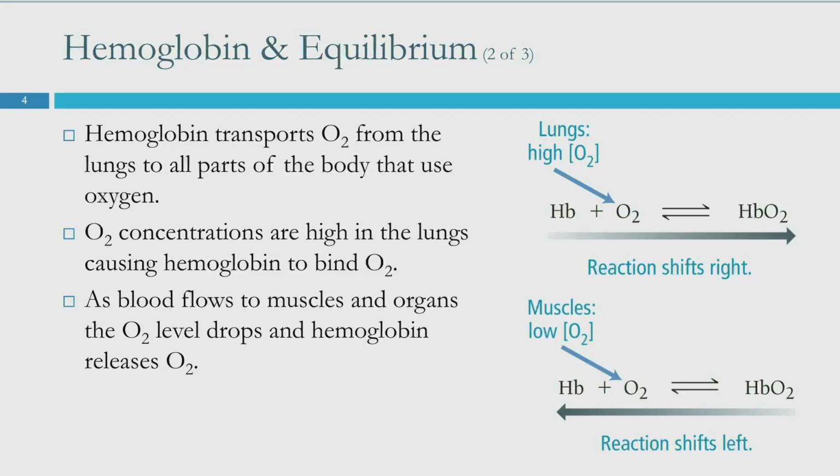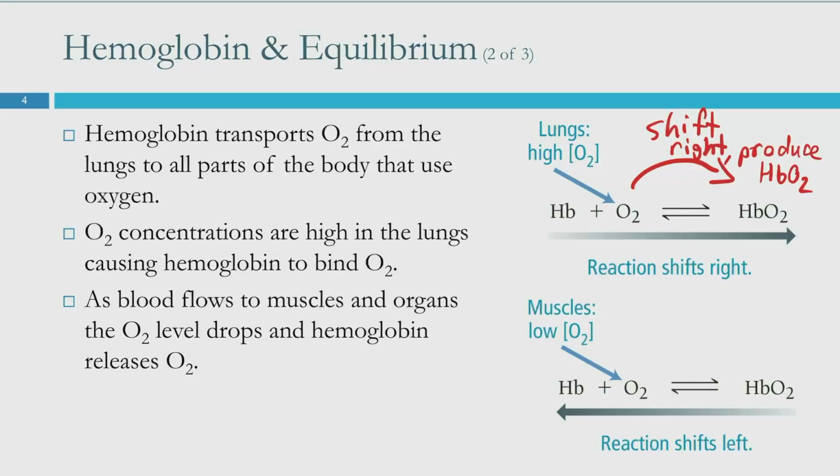This sort of is Le Chatelier's principle. So we're having a high concentration of oxygen, so we're going to cause that reaction to shift right and produce HbO2. Which is good.